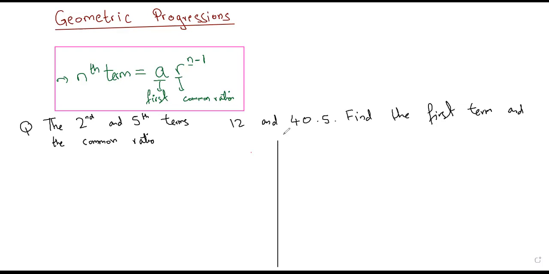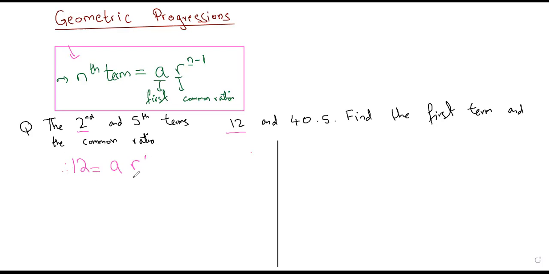Okay. So the second term is 12. So I'll use this formula directly. 12 equals a into r. Second term means n is 2. So n minus 1 would be 1.